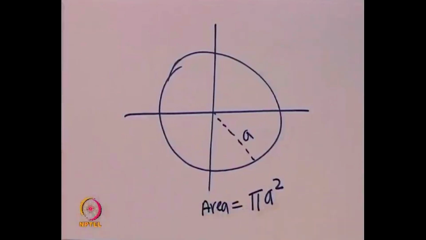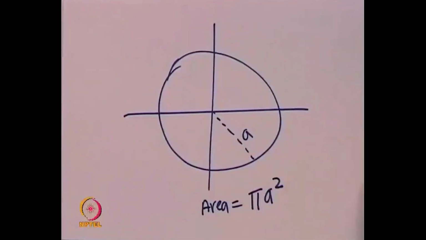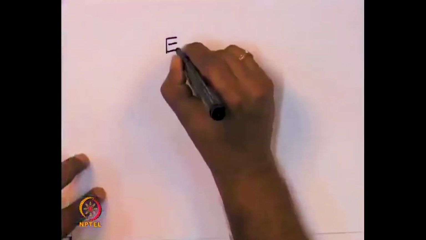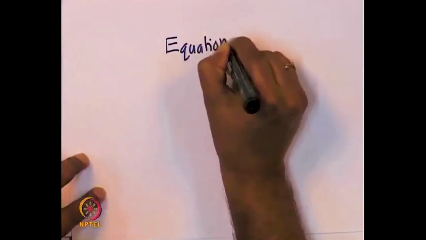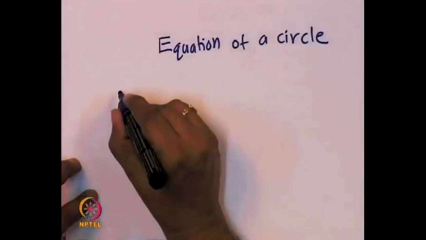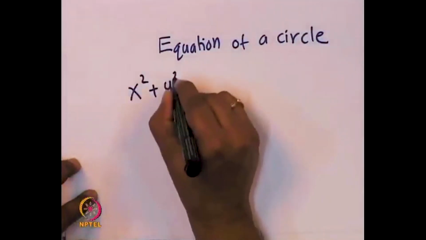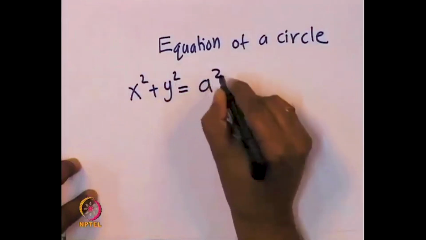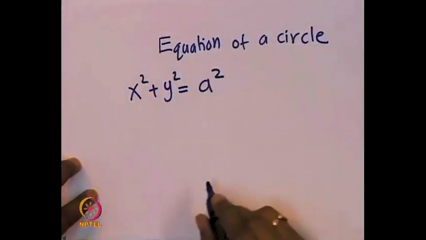Now, let us check that by doing the integral. Do we get the same thing or do we get something different? So, what is the equation of a circle? The equation of a circle is x square plus y square equal to the radius square, which is a square.